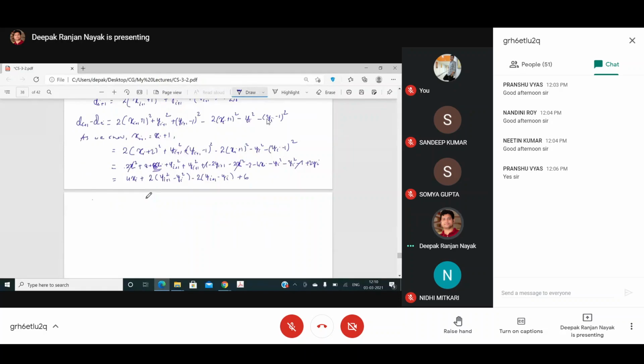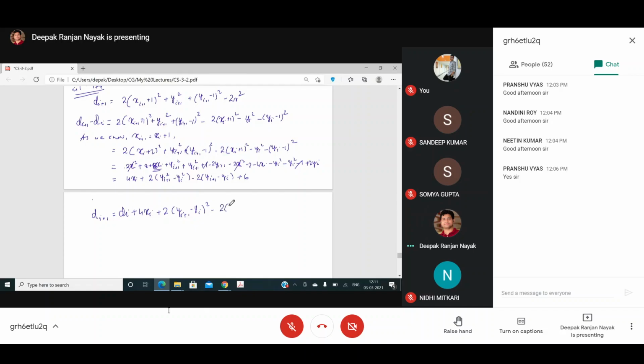So I can write from this equation that d of i plus 1 is equal to di plus 4xi plus 2 into (y of i plus 1 squared minus yi squared) minus 2 into (y of i plus 1 minus yi) plus 6.